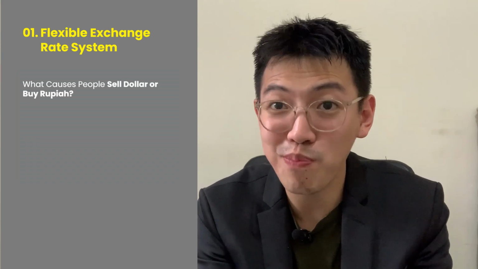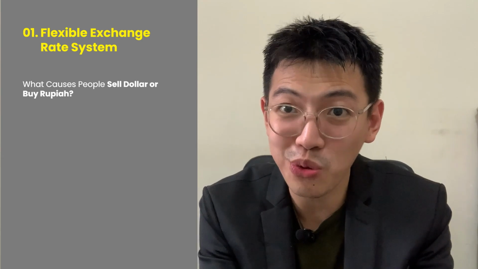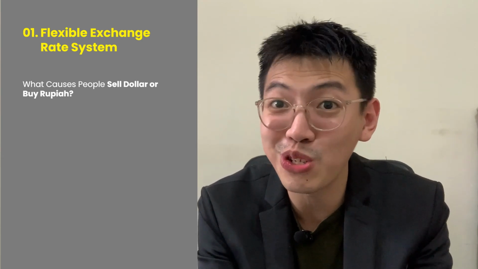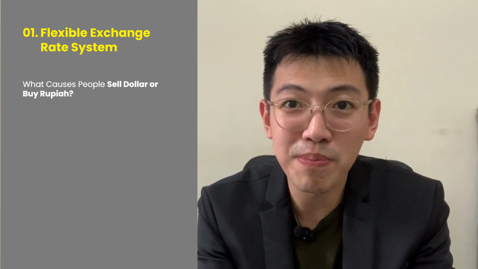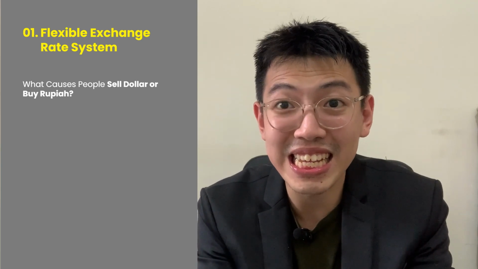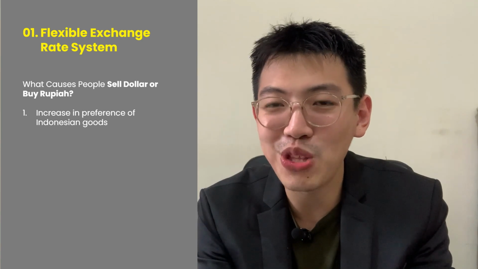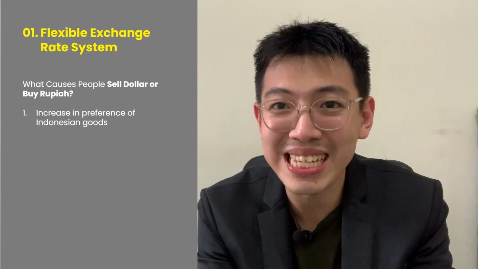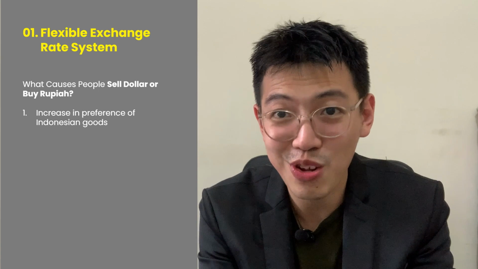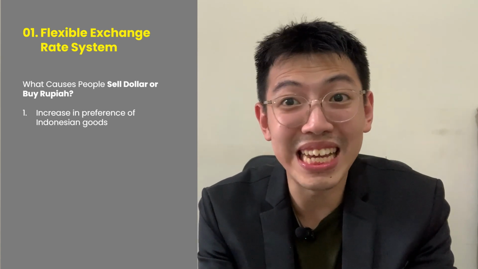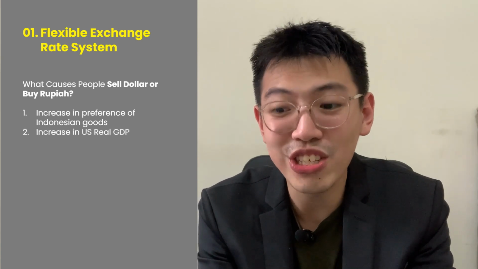If people sell dollar, it means people buy rupiah, since we assume there are two currency only, dollar and also rupiah. The first possible answer is an increase in the preference for Indonesia's good. Many Americans try to purchase Indonesia good by selling dollar and purchase rupiah. The second one is an increase in US real GDP.